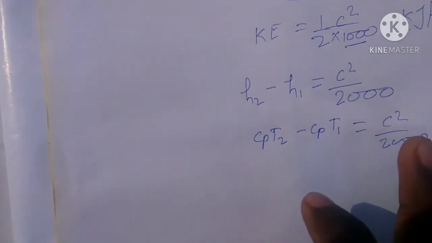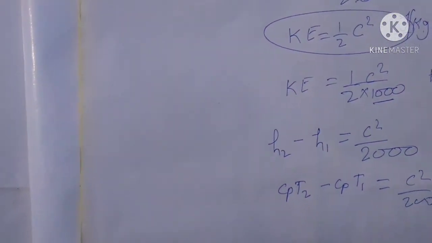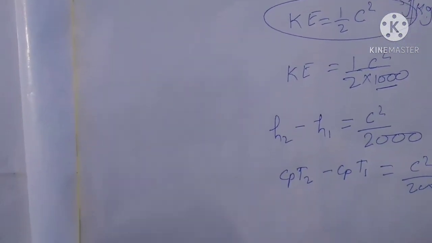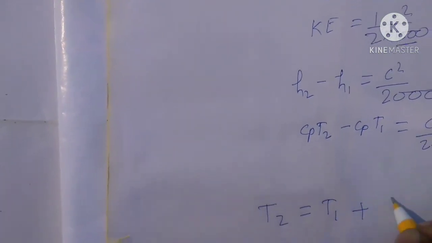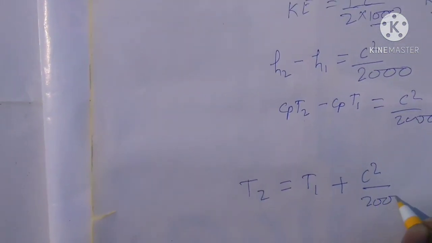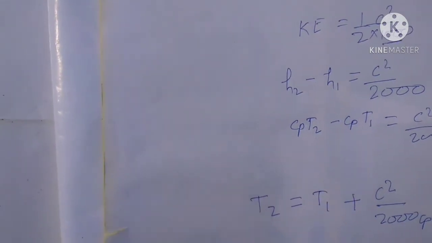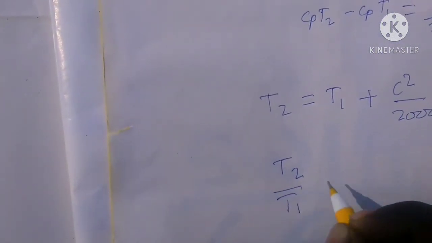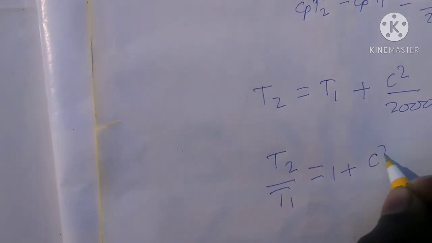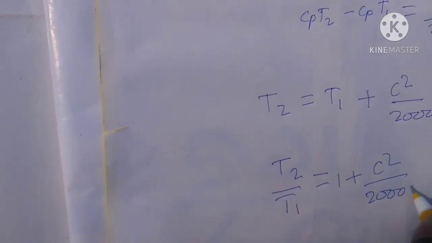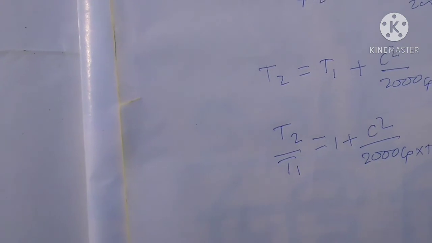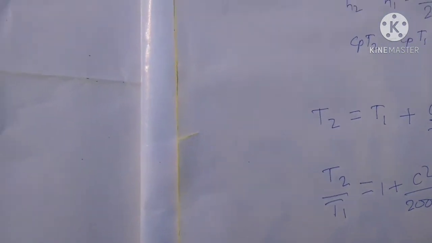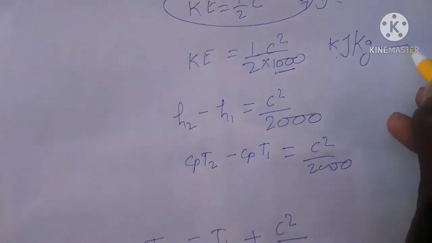We describe this shortly, not in detail. So T2 equals T1 plus c squared divided by 2000 Cp, or T2 divided by T1 equals 1 plus c squared divided by 2000 Cp T1. This is the second equation, and this is the first equation.